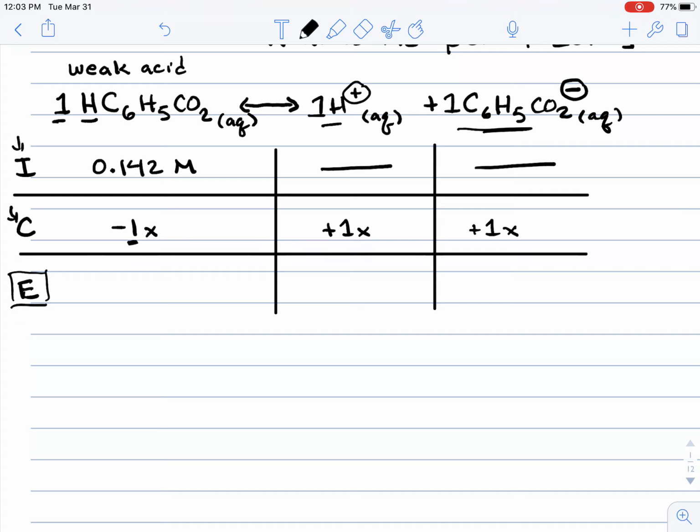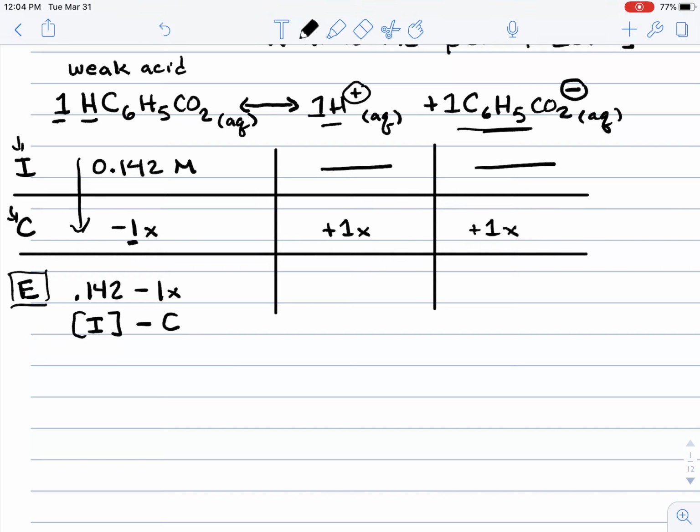Okay. Now when we calculate our equilibrium, we are going to basically add downwards. So then this is going to be 0.142 minus 1x, or just x. So please make sure that it's always the initial concentration minus the change.